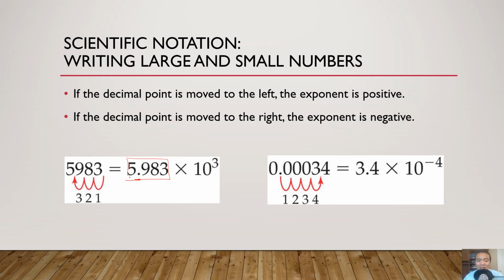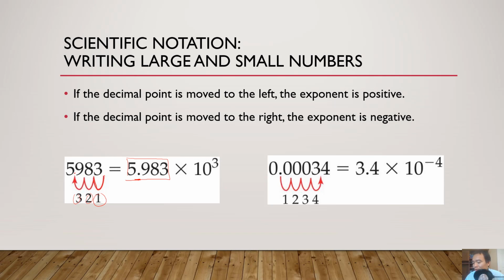So we count how many times you will have to move the decimal point. So you will have 5.983. So you move it 1 time, 2, 3 times, then you will have the decimal point to where you need it to be.